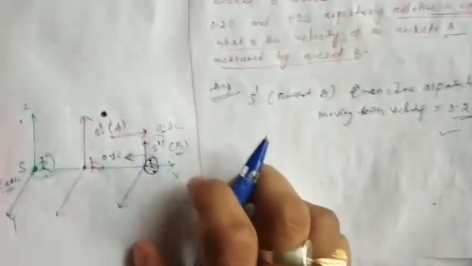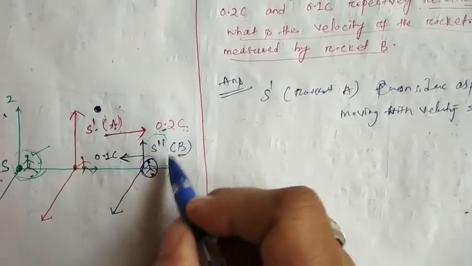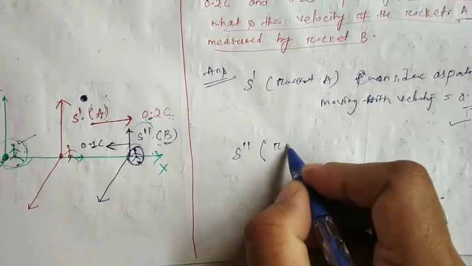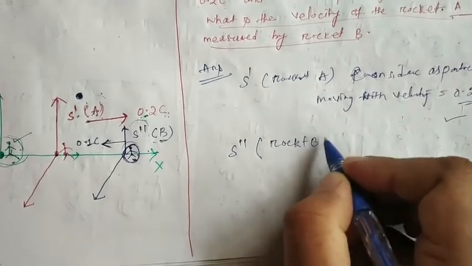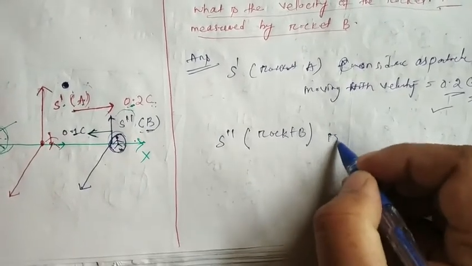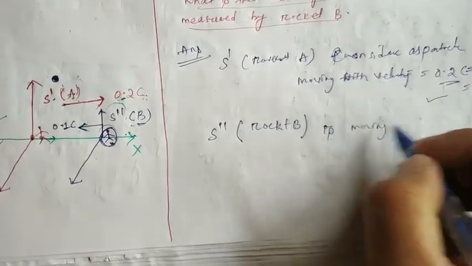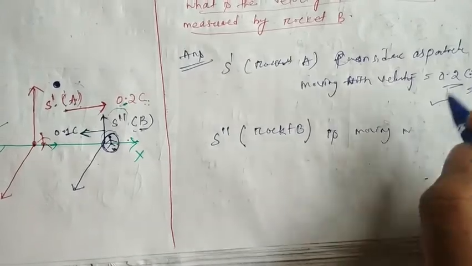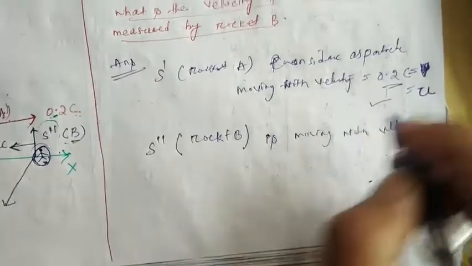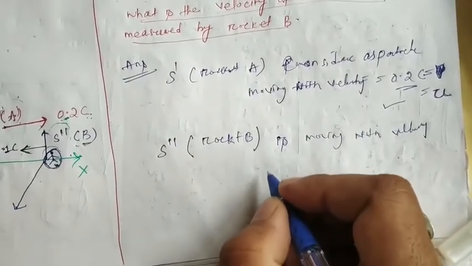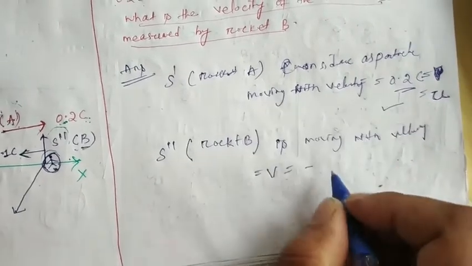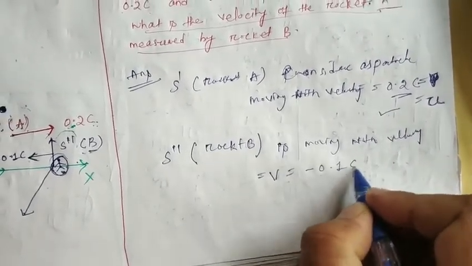Now we have to consider this frame of reference. So S double dash, that is the frame of reference or rocket B, is moving with velocity v equal to minus 0.1 c.